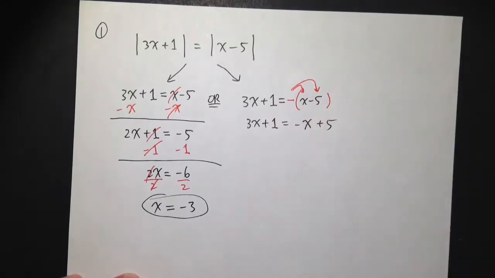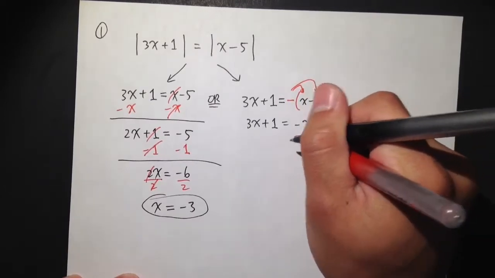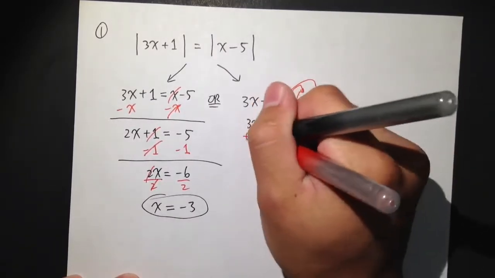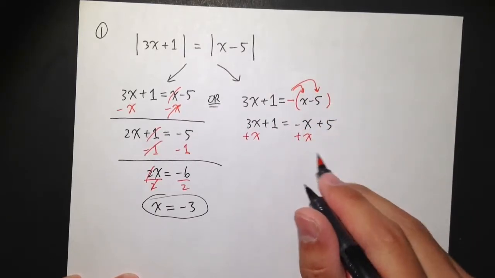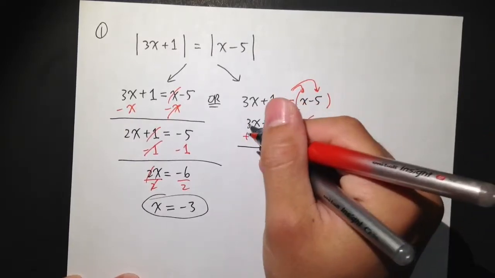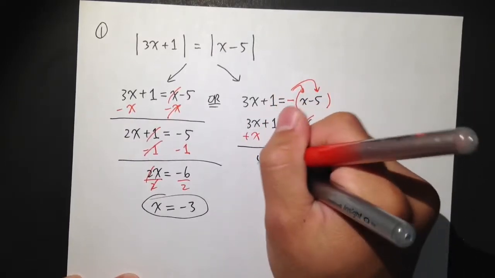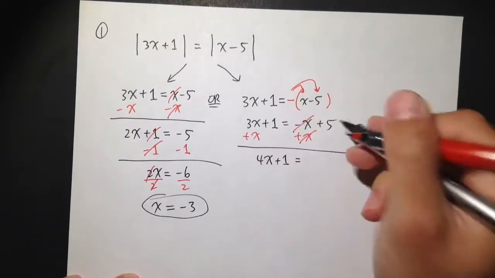Then I can continue to solve this. Let's put all the x on the left hand side. So I will add x on both sides, because that's a negative x, I need to add the x. They will cancel. Here I get 3x plus x, I get 4x. Plus 1 is equal to, bring down the 5.